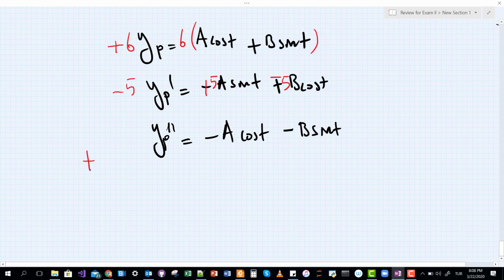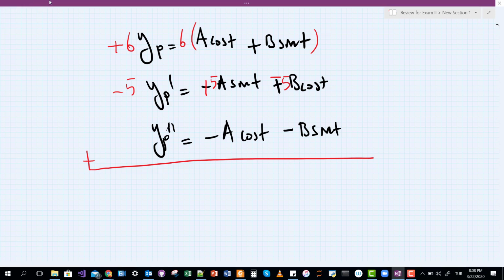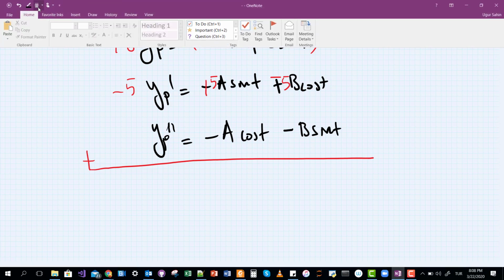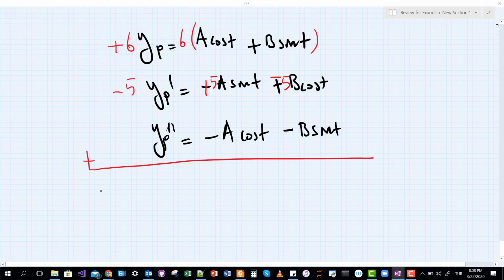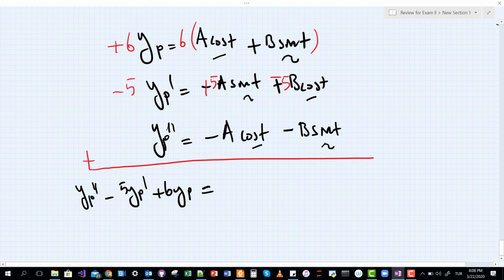If I add all these terms on the left hand side, I'm going to have my differential equation. On the right hand side, look at that, I have a cos t term here, a cos t term, and then a cos t term, and then sin t terms are here, right?